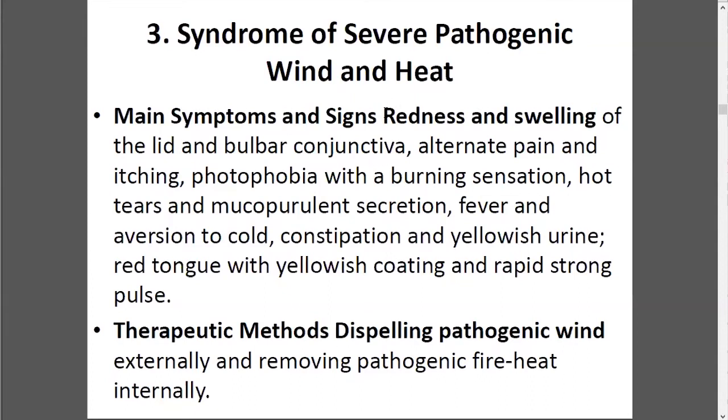More severe redness and more severe swelling, in the eyeballs and in the eyelids. So that's local. And painful itching is more severe also. Sometimes pain, sometimes more severe kind of itching.